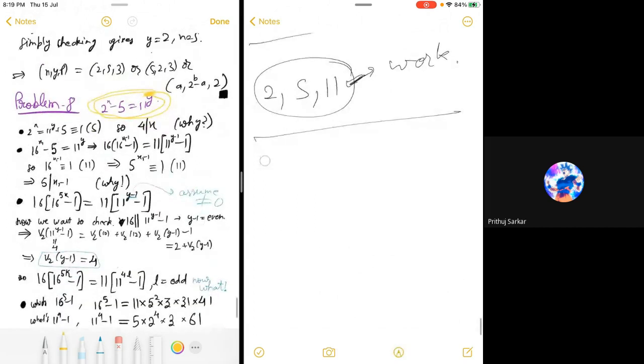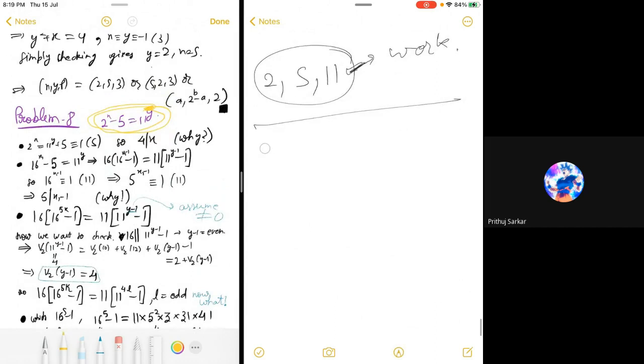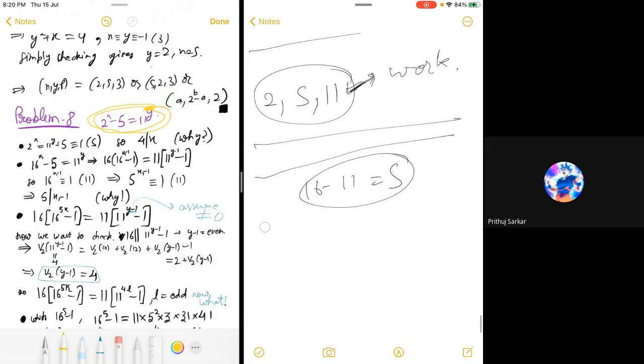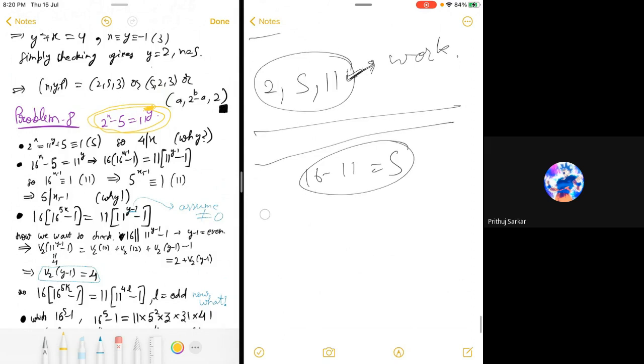So the basic idea of solving such problems is that you first do some modular arithmetic, and the first thing is guessing if there is a solution. Here there is a solution, like 16 minus 11 is 5. After that, you prove that x is divisible by 4 to get 16 there, and then use modulo 2, 5 and 11 to basically get that x is divisible by some large number and y is divisible by some other large number or something like that.